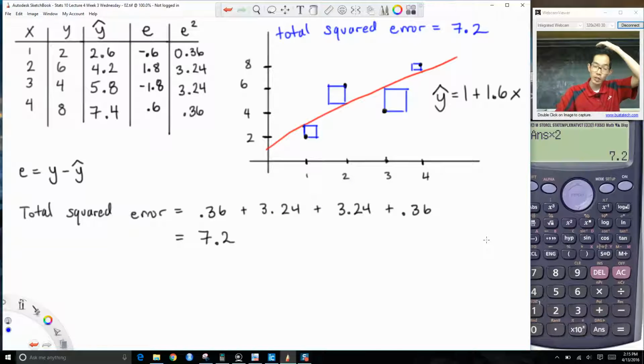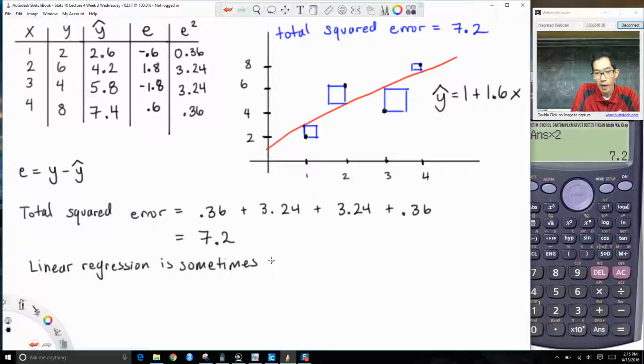Okay, and so when we do linear regression, linear regression is sometimes called least squares regression.